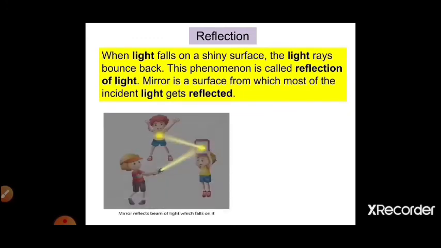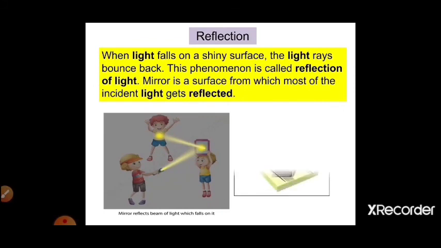This is a process you might play with your friends. Sometimes you can do it in school with the back side of the geometry box, as it is a shining surface. In this picture, the boy is keeping the light on the mirror, and the mirror reflects it and it shows on the boy's body.